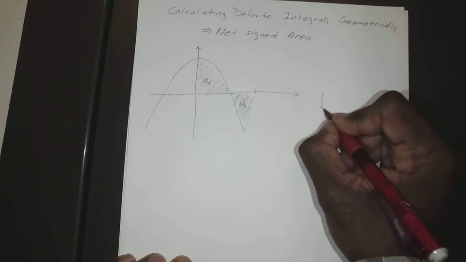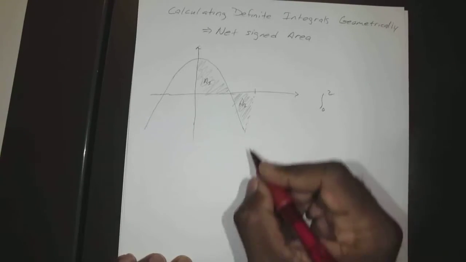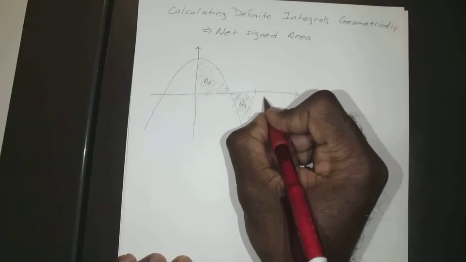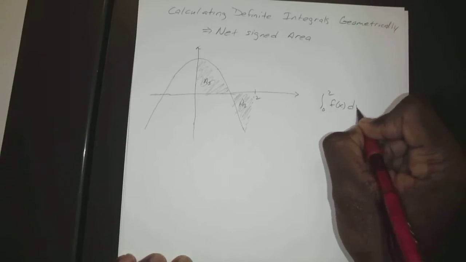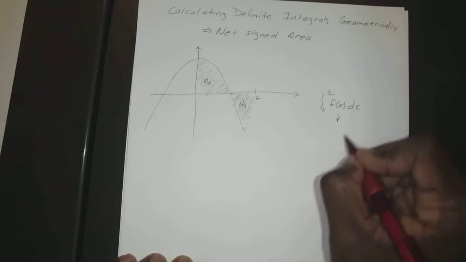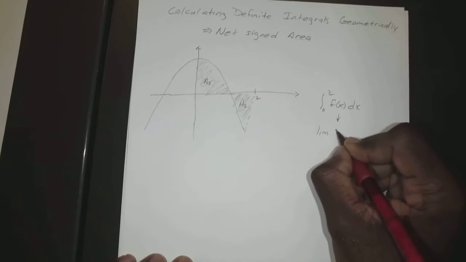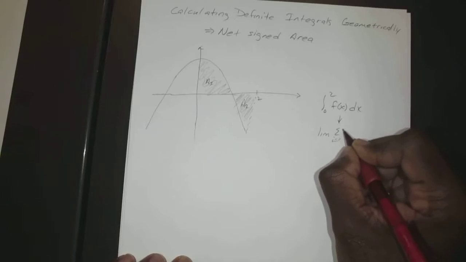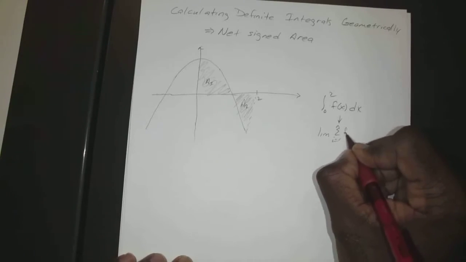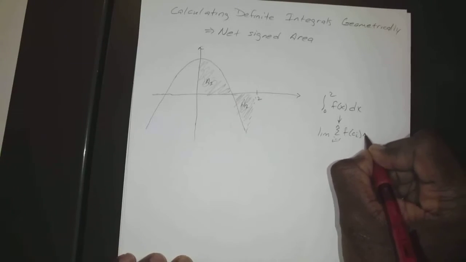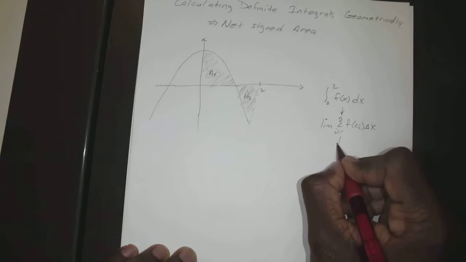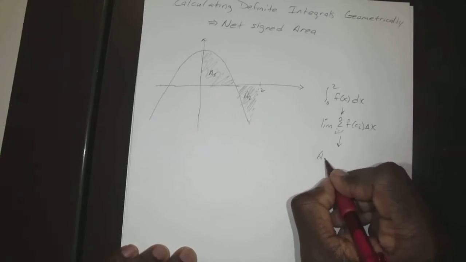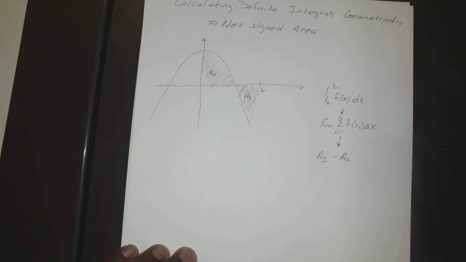So you have the area from 0 to 2, well, let's say in this one it's going to 2, of f of x with respect to x. That's going to equal the limit, the sum from i equals 1 to n, f of ci delta x, which is just going to make your A1 minus A2.